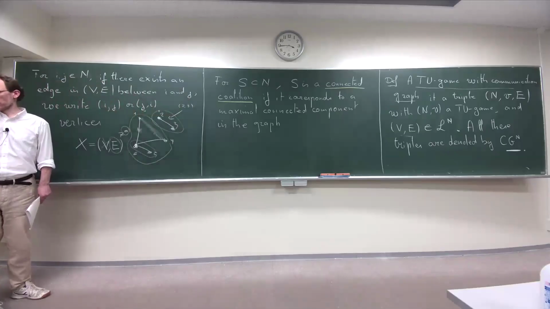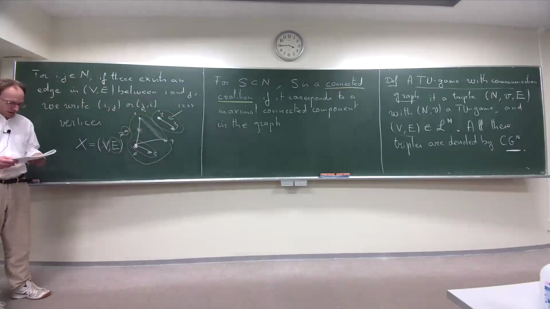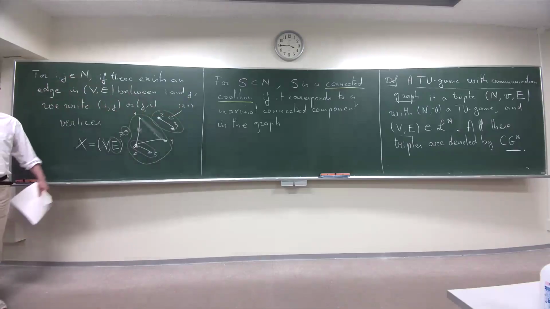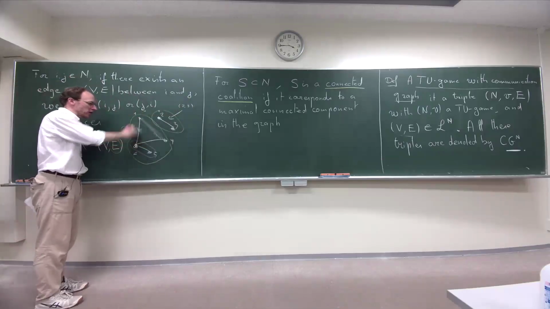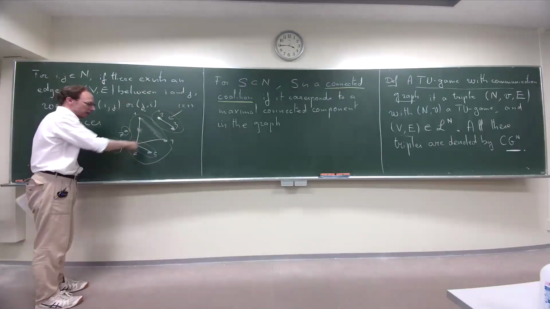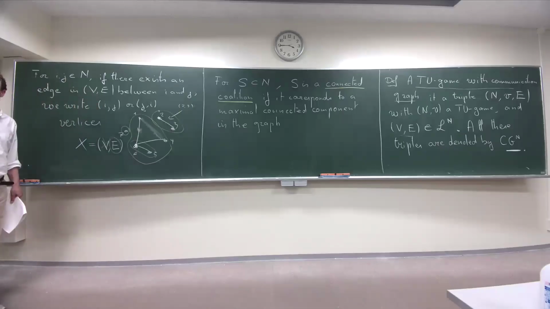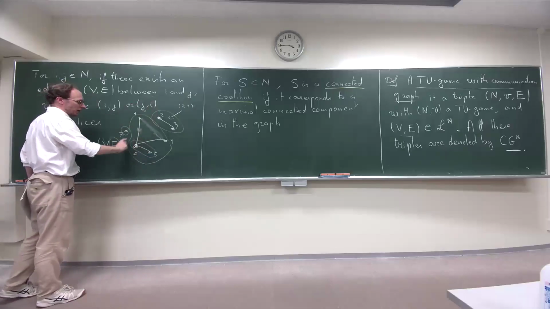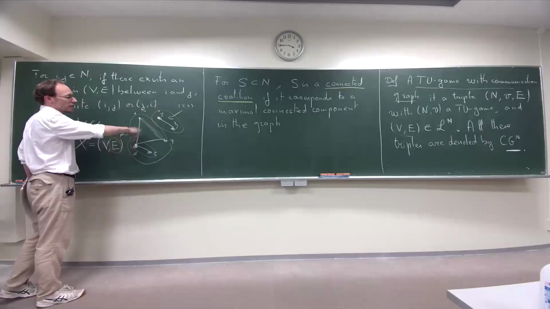The red one is not, according to this definition. If you have any question, you ask me. If you cannot communicate with anybody, you cannot generate a coalition. So only people who can communicate can create a coalition, and I call a connected coalition the maximal one.